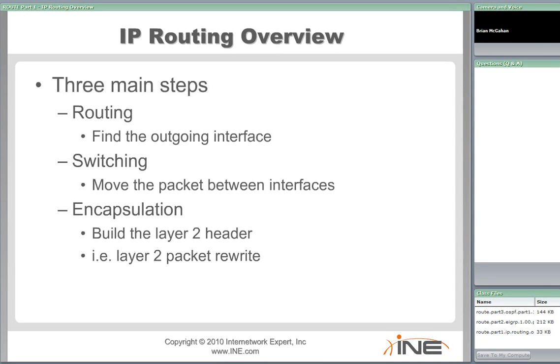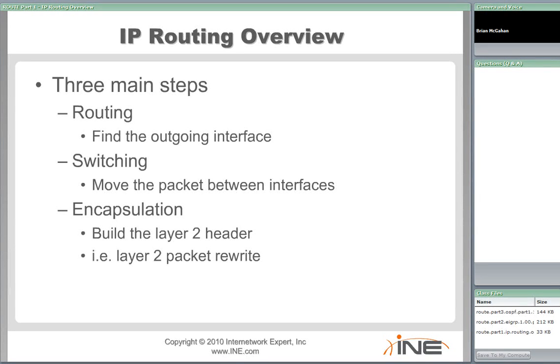The packet is now passed down to the switching process. Now this is not to be confused with layer 2 switching from an Ethernet point of view. This is what we consider the switching path of the router. Now the switching path will be defined by things like CEF switching or process switching or fast switching. This is where we are moving packets between the interfaces, and this is also where load balancing will occur.